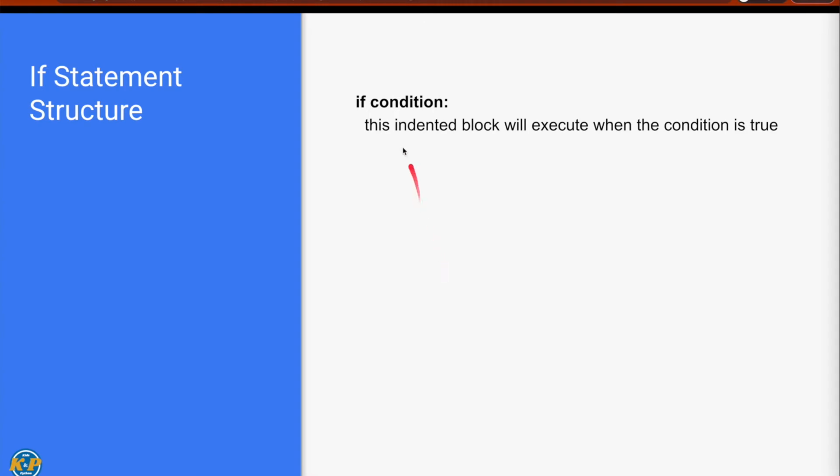The if statement has two components: the if statement heading that contains a condition to be tested as true or false and ended with a colon sign. An indented code block that will be executed when the condition is true. Otherwise, the code block will be skipped and have no effect.